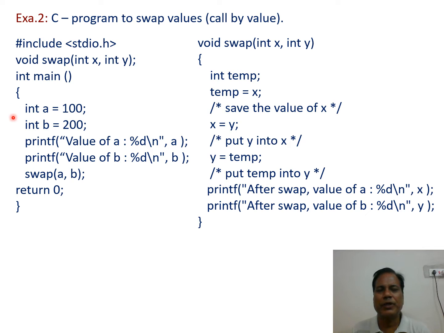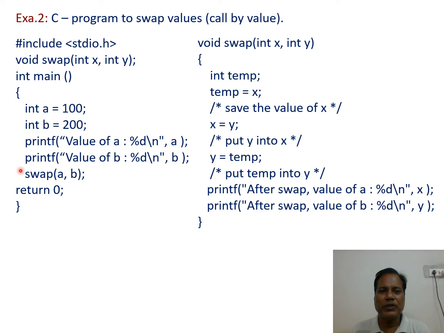So in main function, first statement is int a equals 100. So this statement defines an integer type variable a, and simultaneously 100 is assigned to it. In a similar way, 200 is assigned to the integer variable b.